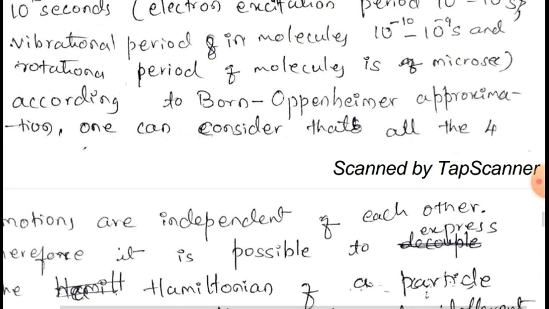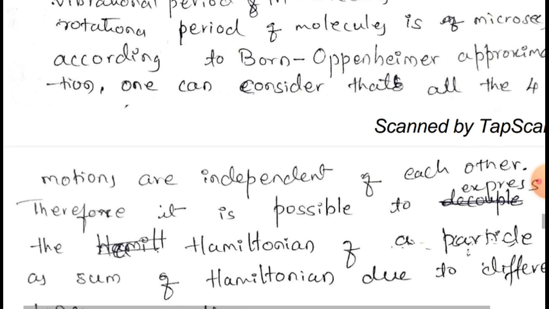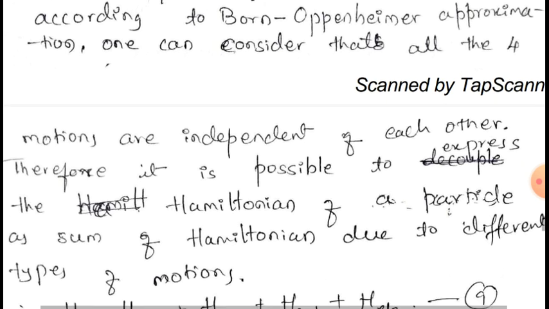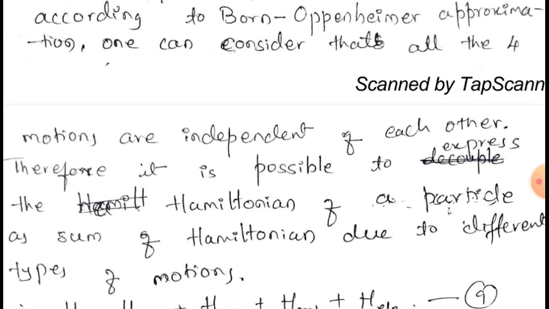Therefore, according to the Born-Oppenheimer approximation, we can decouple all these motions. That is, there is no interaction between these motions of the particles. If a particle is rotating and vibrating, the rotational motion is not at all interfering with the vibrational motion.